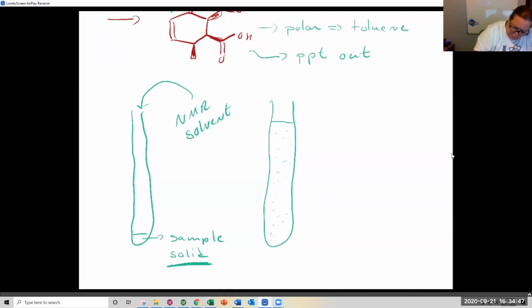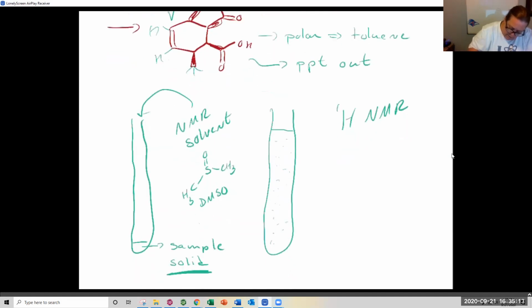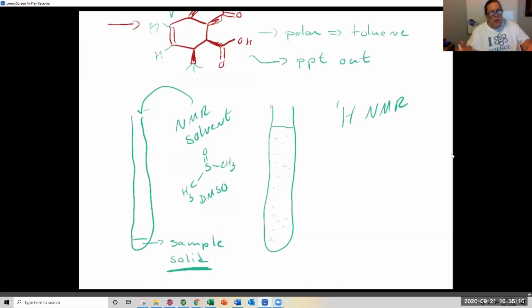Now, what are we looking at? We're looking at proton NMR, and every proton on our compound, we want to be able to see. If I were to take an NMR solvent like DMSO, the solvent to solute ratio here, with your product being the solute, is very, very high.